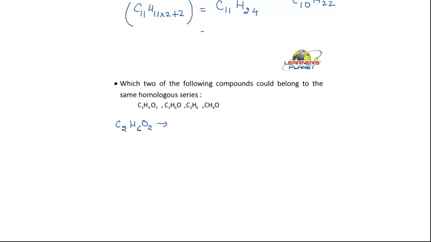In carboxylic acids. So C2H6O2 is a carboxylic acid. Let's write down its formula: CH3COOH. Is it a carboxylic acid? Are the number of hydrogens matching? No. So this is not a carboxylic acid.